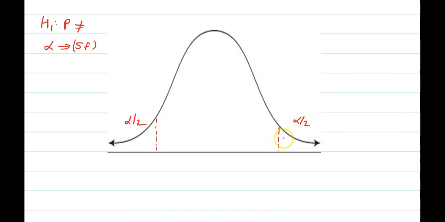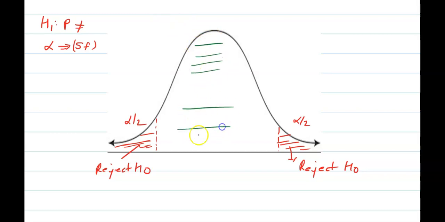Okay, so in this region, this red region, you need to reject the null hypothesis. So here we can reject H0. Here also we can reject H0, and in the middle part, which is the green part, I'm just shading it.